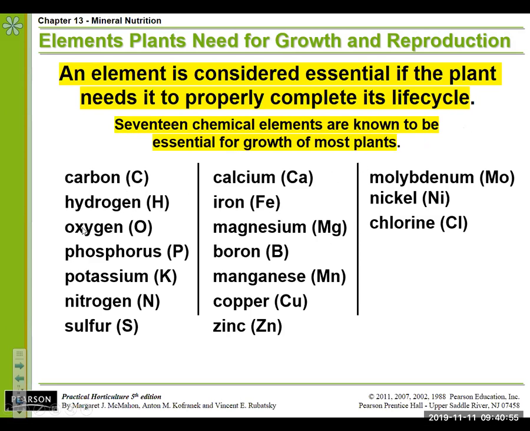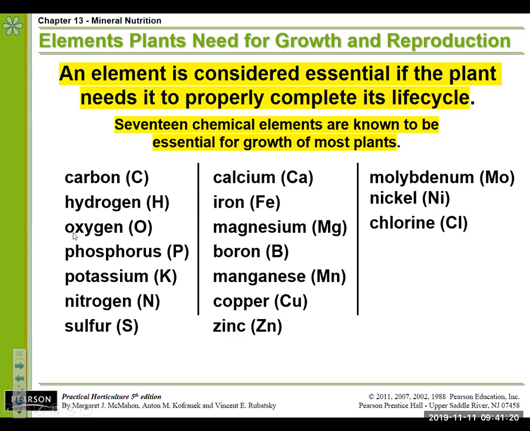Carbon, hydrogen, and oxygen are the major nutrients. If we look at the bulk of a plant, if it's completely dried out, most of the body of the plant is carbon, hydrogen, oxygen. Recognize that that is also the formulation of the starches and sugars in the plant, so it makes sense that it is the actual bulk of the plant.